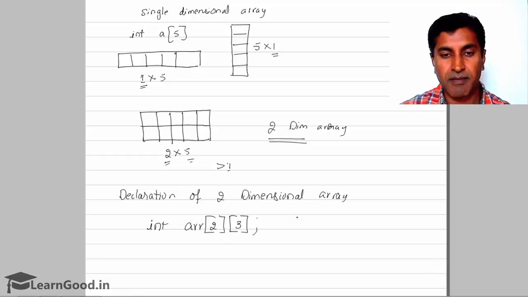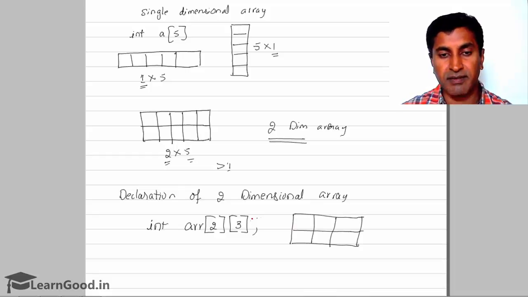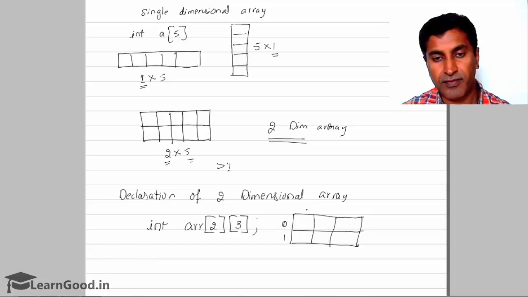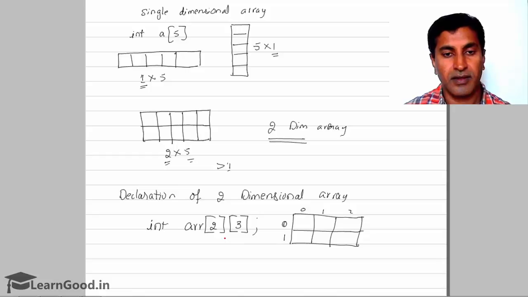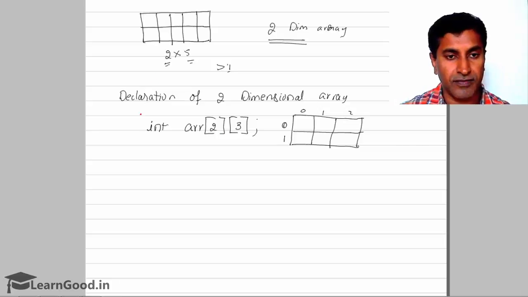So this will create a matrix of order 2 cross 3, that is 2 rows and 3 columns. The index number of a row is going to be 0 and 1, and the same way for the column it is also going to be 0, 1. This is how we declare a 2-dimensional array.